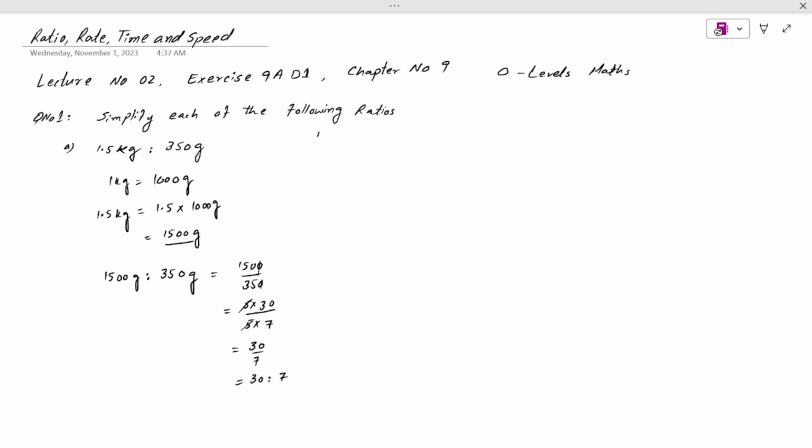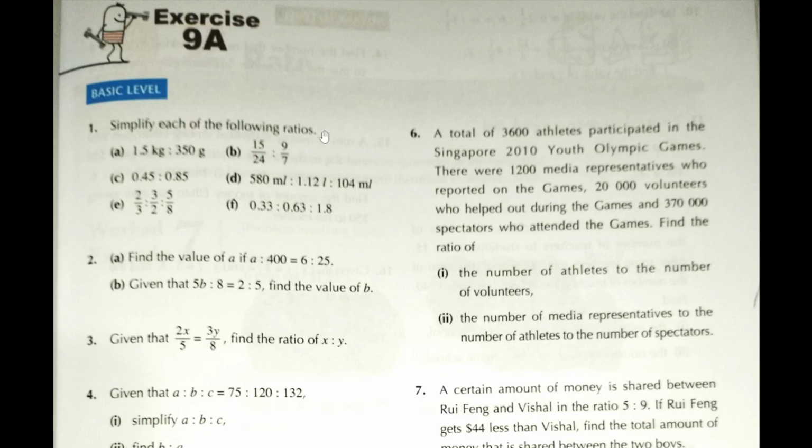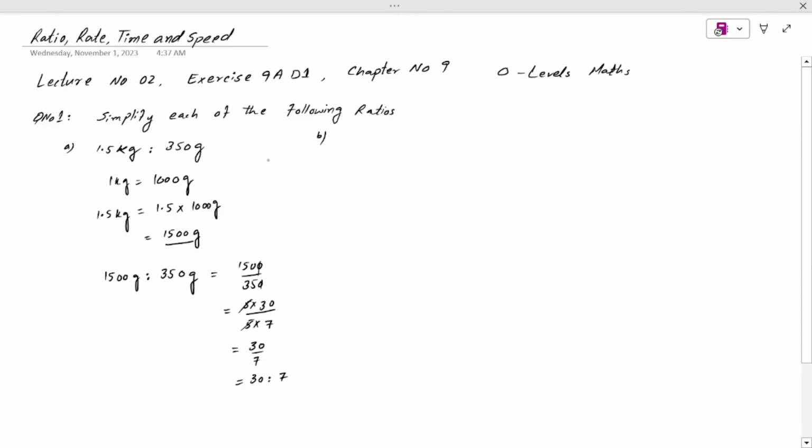Now we will solve part B. Part B of question number 1 is 15 over 24 ratio 9 over 7.